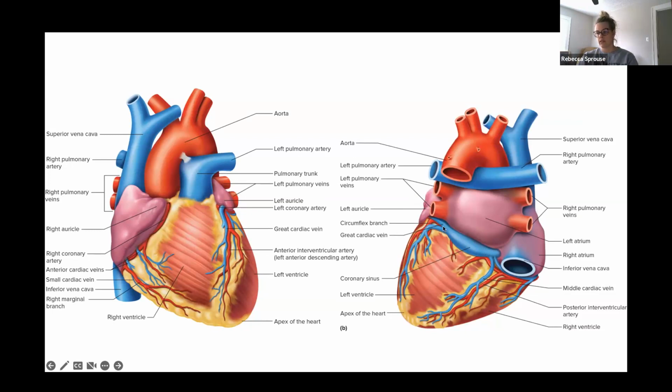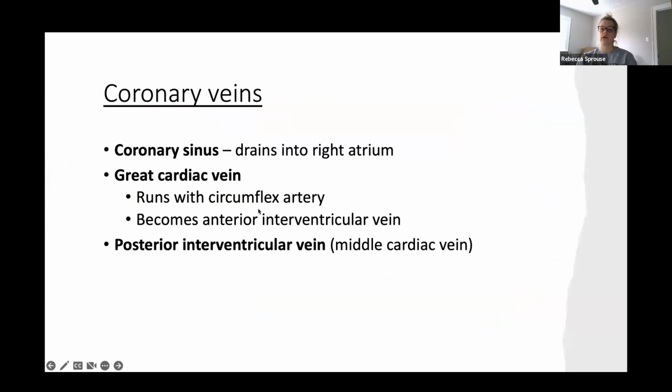The vein that runs with that we call the great cardiac vein. If we follow that around to the front, we end up at the anterior interventricular area. So you can call it the great cardiac vein, or the anterior interventricular vein. It does not matter. Remember that some veins have slightly different names than the arteries.